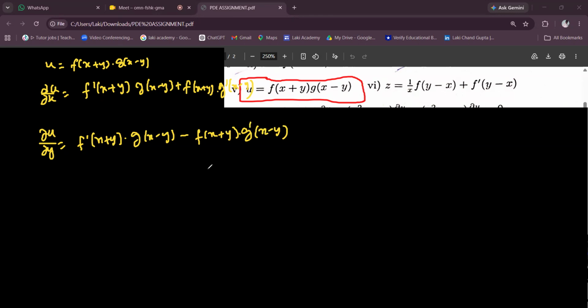Right? Okay. Still there is no chance to solve further. What will you get? Differentiate this once again.